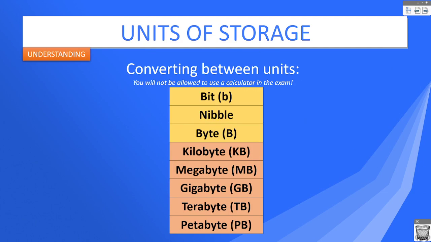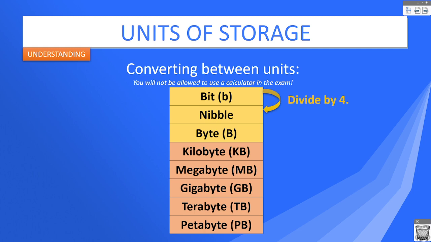Now here's the thing. We can convert between units quite easily, but we need to remember that you might not want to do it with a calculator. You might want to have that degree of flexibility there. So how do we do it? Well, we know that a bit has 2 values and the nibble has 4. So in this sense, I need to divide by 4.